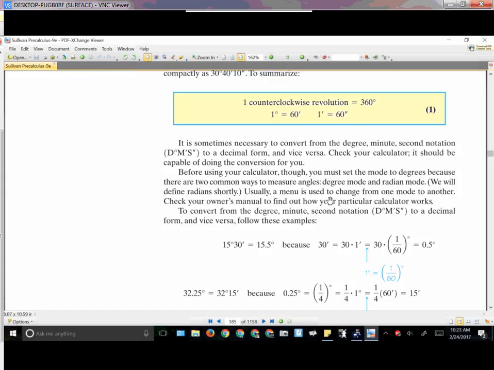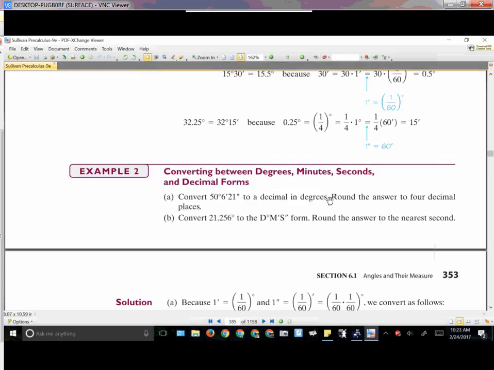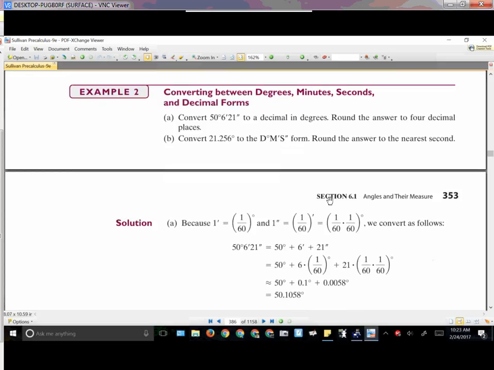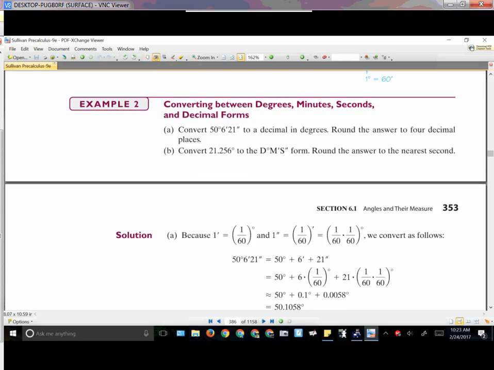It's half of it. That's how it goes to 15.5. So you've got to be aware of converting that stuff. So let's take a look at A here once, because that's something we do a lot of.